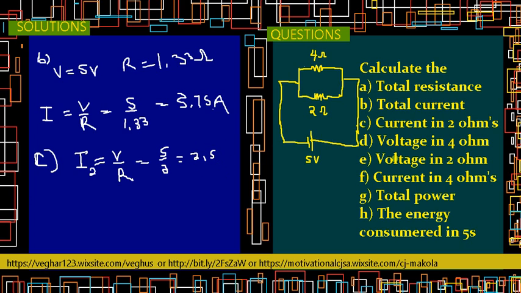Voltage in 4 ohms: the voltage is the same in the parallel resistor because we already have the voltage here.